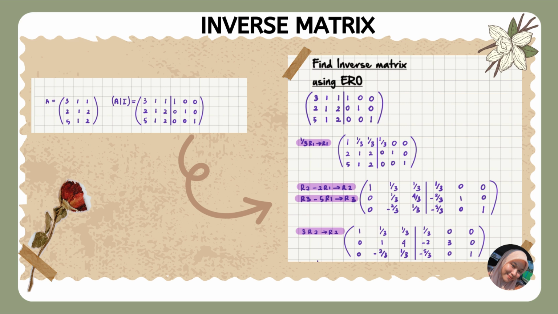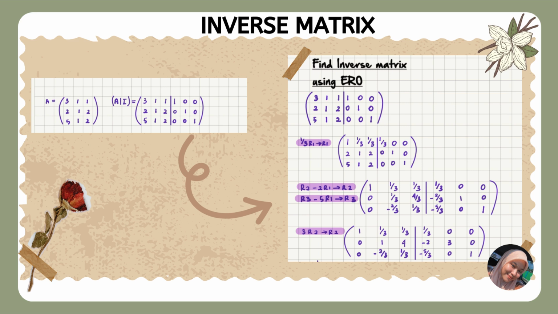Firstly, after we form an augmented matrix, we apply elementary row operations known as ERO and basically take the left side and make it look like the right side. The operation we apply on the left side must be applied on the right side too. And whatever result is on the right side is going to be the inverse matrix of A.